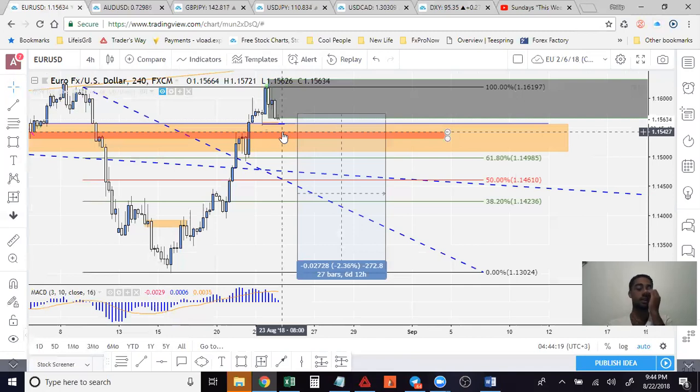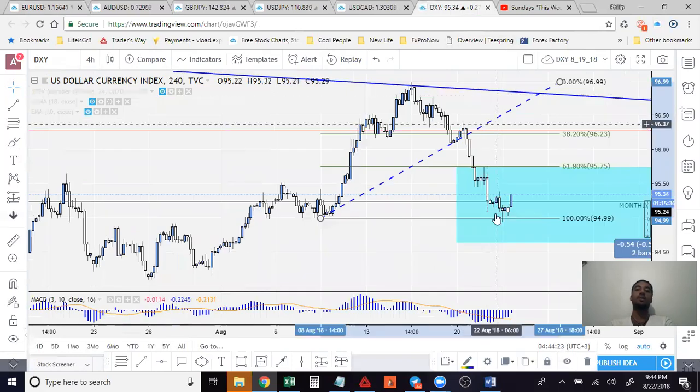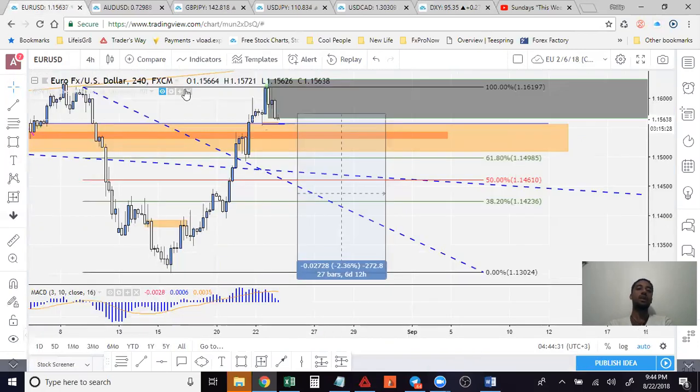Write a comment if you see that. You see what I'm looking at. See bullish H4, bullish on the DXY, the US dollar, right? Now EURUSD, USD getting stronger, right?